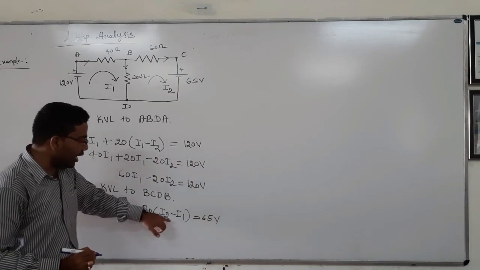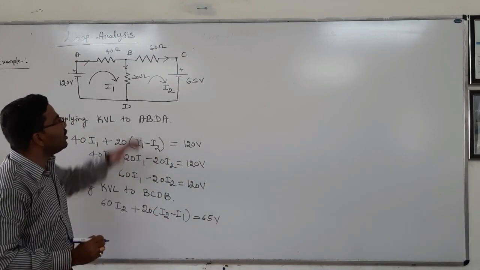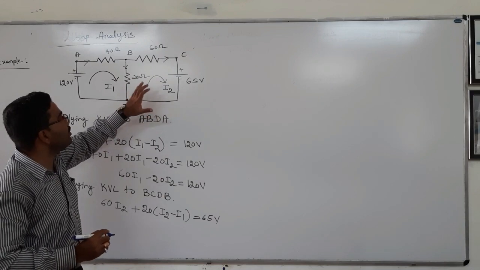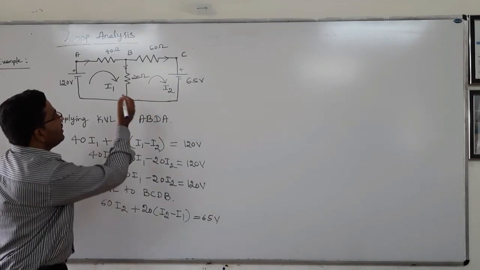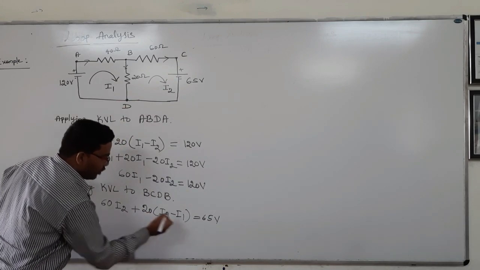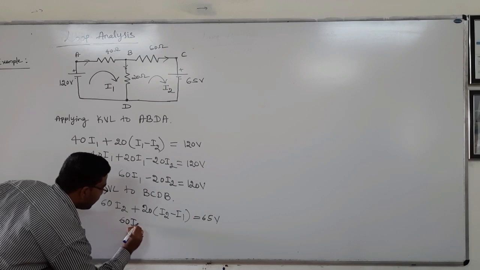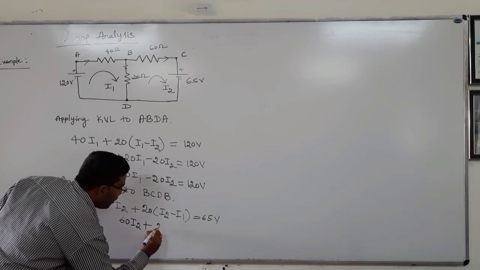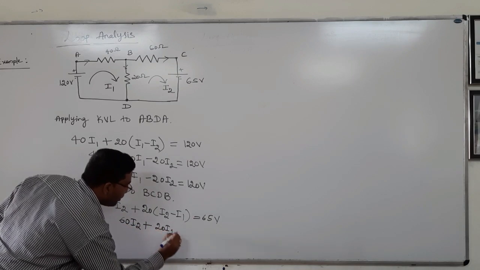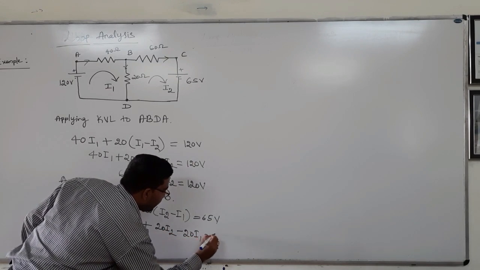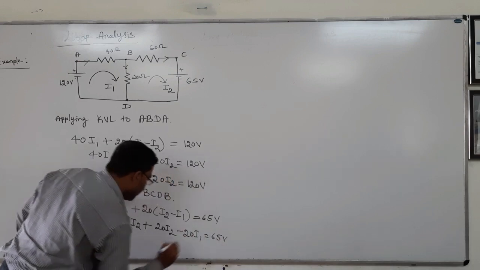Here I have taken I2 minus I1 because first I have to consider the second loop. I am solving first the second loop, that's why I have taken it as I2 minus I1. Then simplify the equation. 60 I2, 20 I2, then 20 I1, then 65 volts.